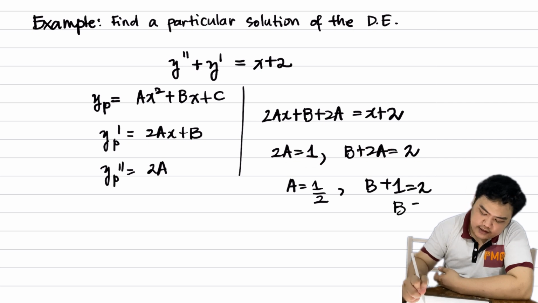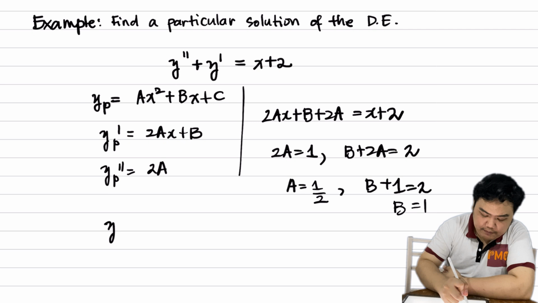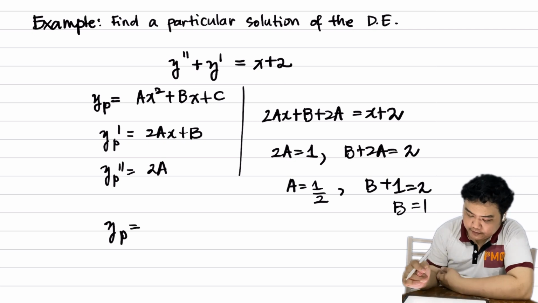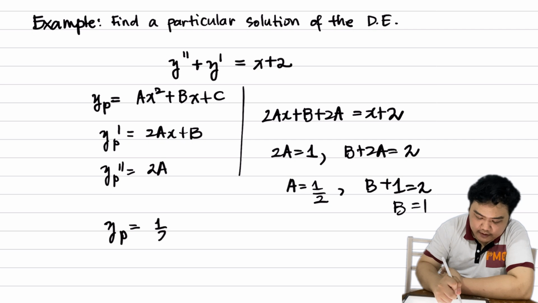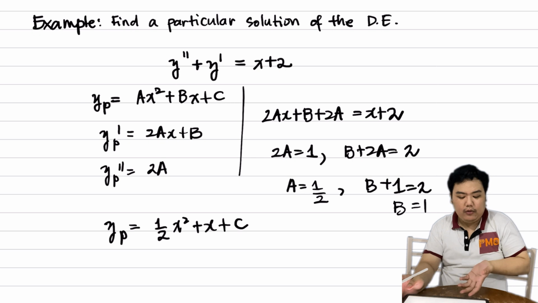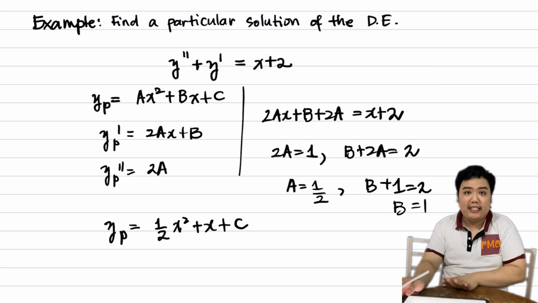So b is 1. So yung y sub p natin rito, ano yung ax square mo? 1/2 x square. Ano yung b mo? 1. So meron kang x plus c. So, yung particular solution na mag-work dyan, 1/2 x square plus x plus c.